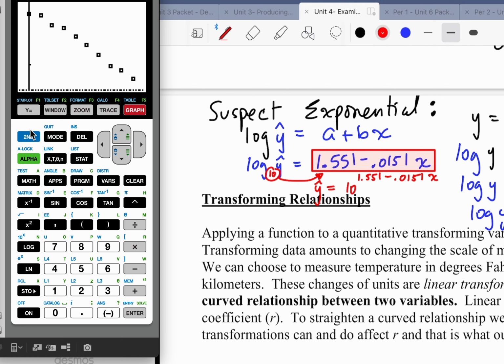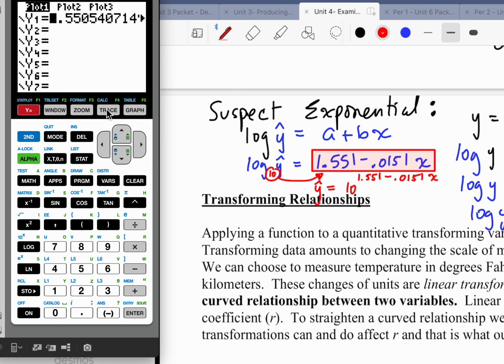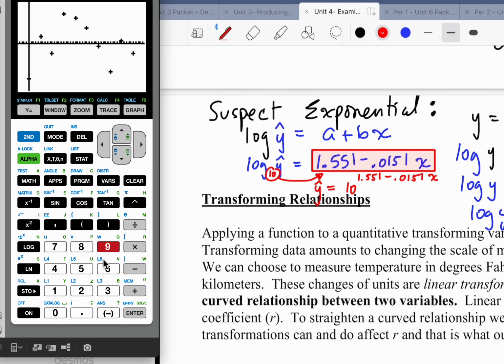All right, but to confirm, we look at our residual plot. 2, zoom 9, and that looks like a scattering of points.